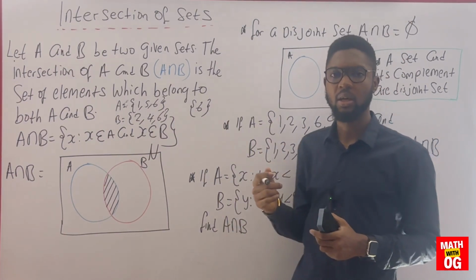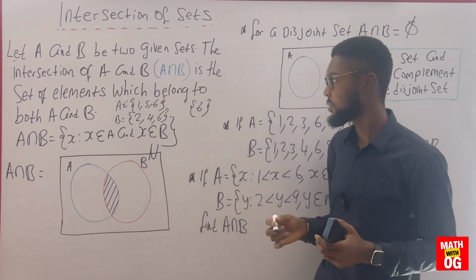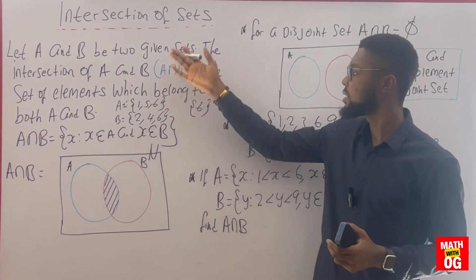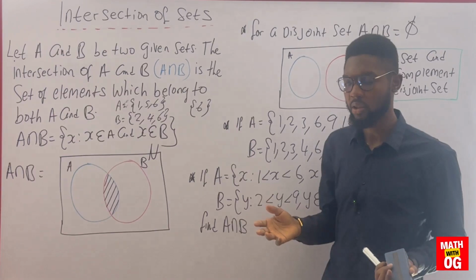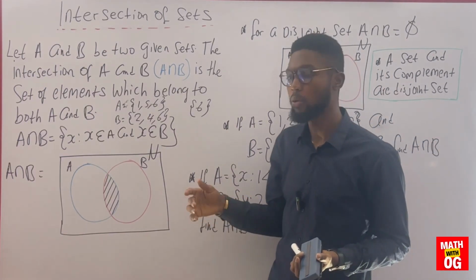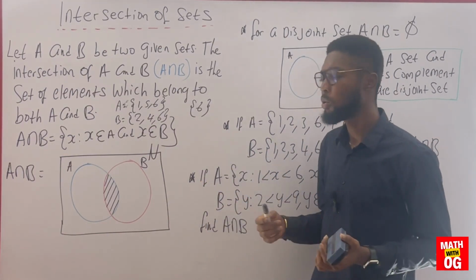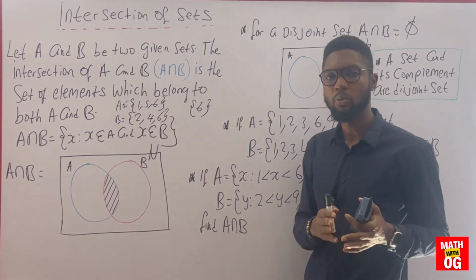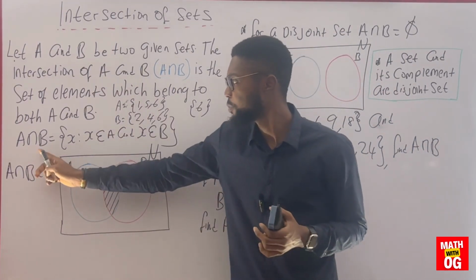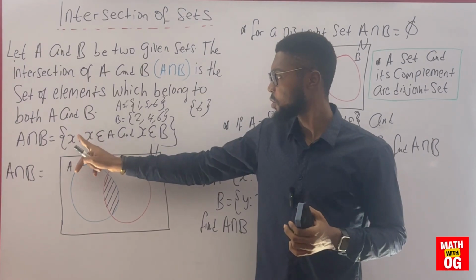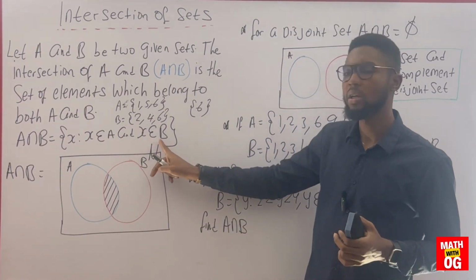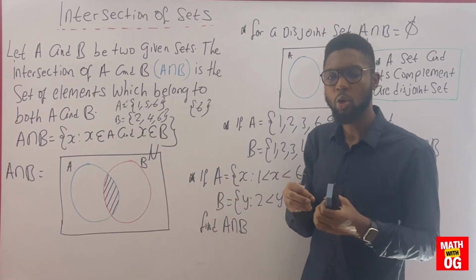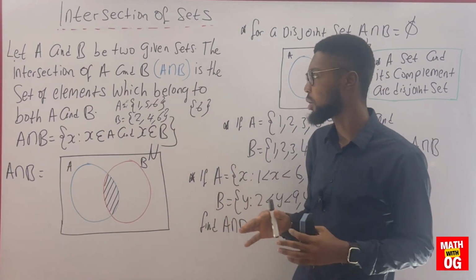We're still going to look at an example before we round off this class. Now, if we are to denote this definition using our rule method, which we talked about in representation of sets, A intersect B will be equal to X such that X is an element of A and X is also an element of B. So what is common to both A and B is what we are looking at.